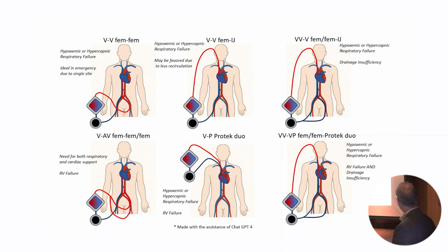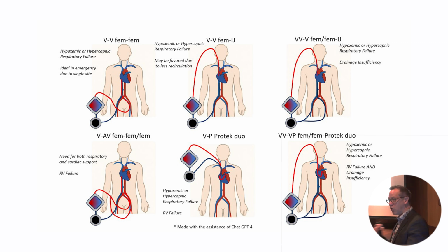And then you can also do what's called VV-V. You can add a second drainage cannula, and now you're draining from both femorals and returning via the IJ in this example. This is particularly helpful if you have what's called drainage insufficiency. If you're trying to flow 5 liters of blood, but you're generating such negative pressures that it's just sucking the inferior vena cava flat, then you can try to get away with less flow.